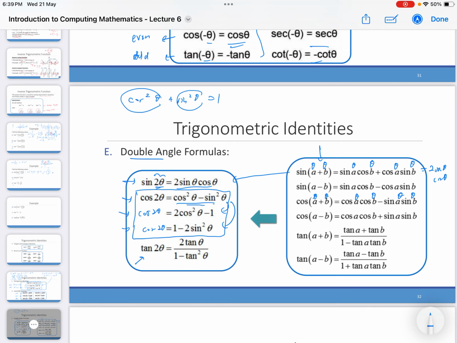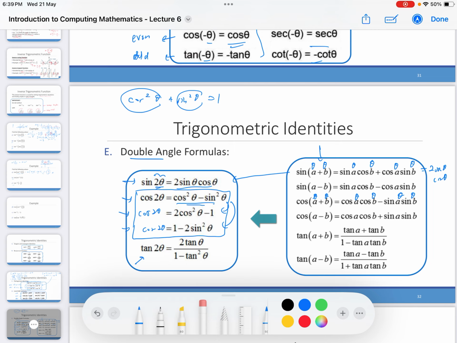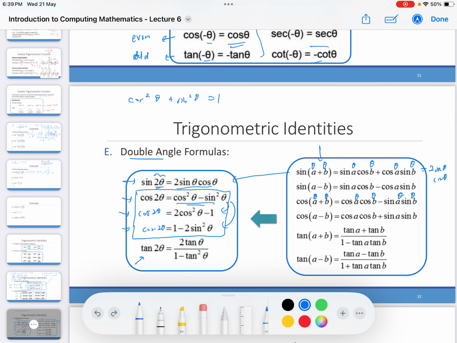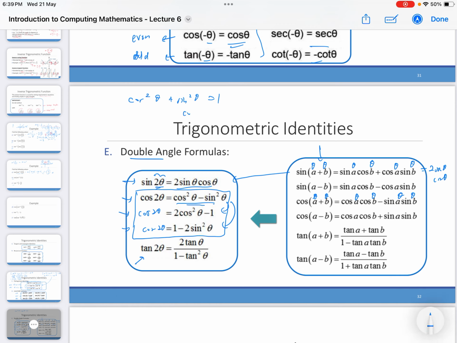Okay, let me explain clearly. For this one, we can have cos squared theta equals 1 minus sin squared theta.